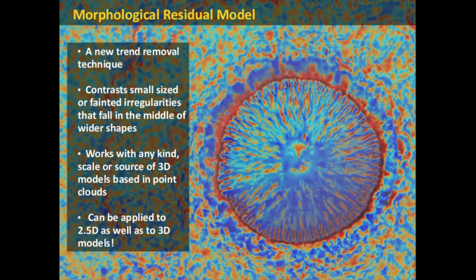This technique is not dependent on light direction, so it gives us an image that is not constrained by light direction or light angle, and it can be applied to whatever model we find.